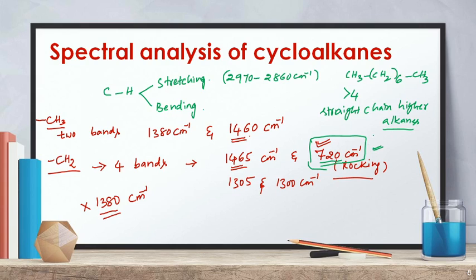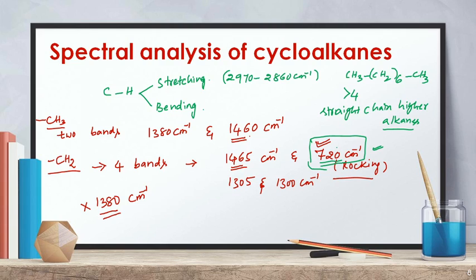Because only when the number of methylene units is more than 4, you can get the absorption peak at 720 cm⁻¹. So this is the identification for straight chain alkanes.